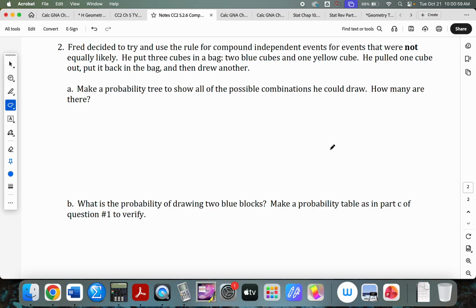Let's make a probability tree to show all the possible combinations he could draw. So on his first draw, there are 3 blocks or cubes. So from the initial, there are 3 different possibilities. There were 2 blues and a yellow, so it could be a blue, or the second blue, or it could be a yellow.